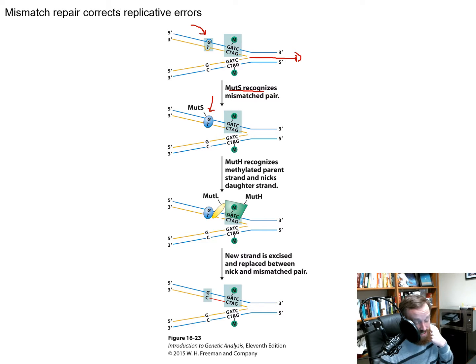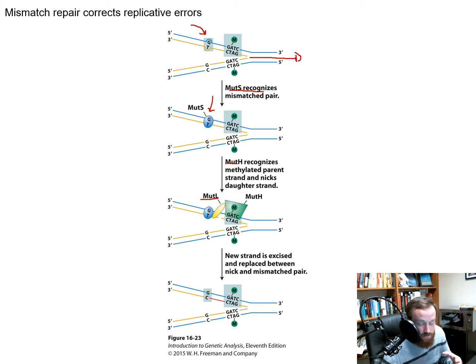At that point, it has to look at this G and T and say, okay, which one was the parent strand and which one is the improper newly synthesized strand. What it can do with its little buddies, MutH and MutL, which form this complex, is look along the DNA strand to see if there's any methyl sites.